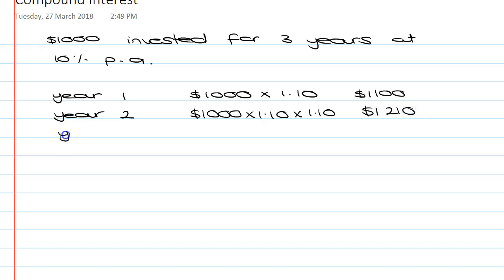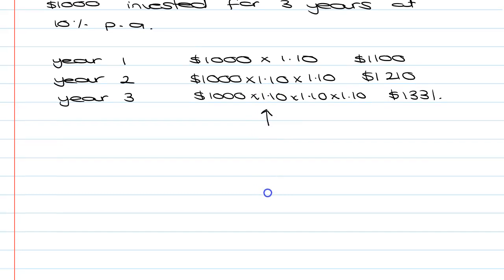And then at the end of the third year, I then get another 10% on top of that total. So it's all of this, which is 1,000 multiplied by 1.10 multiplied by 1.10, which gives me this. And then I'm going to increase it by 10% again. So I'm going to multiply by 1.10 again, which gives me a final total of $1,331.